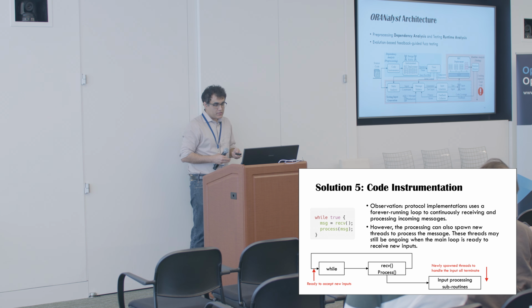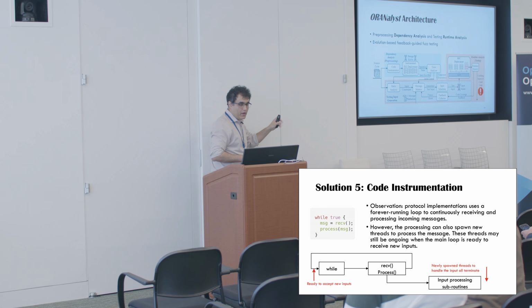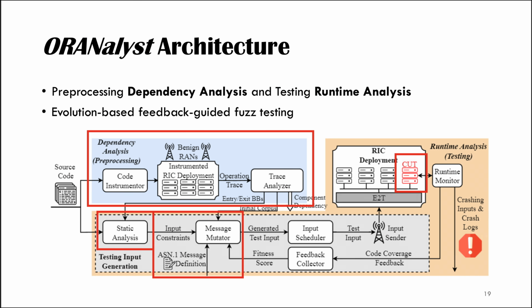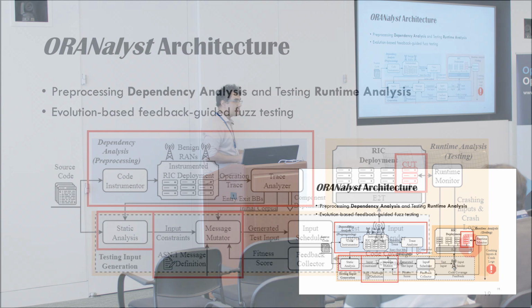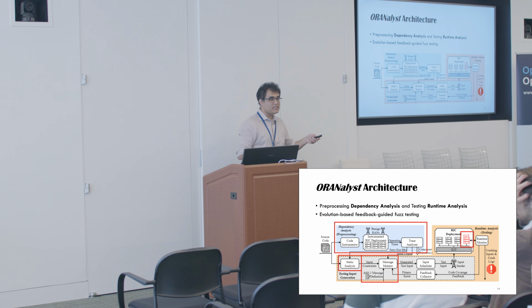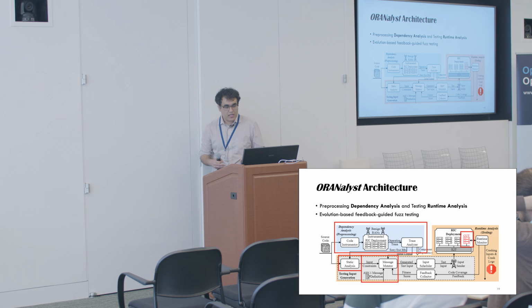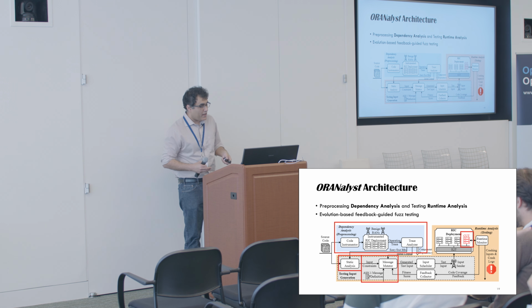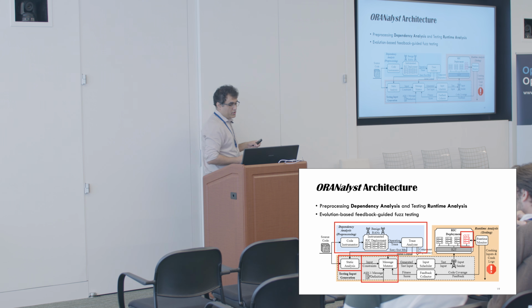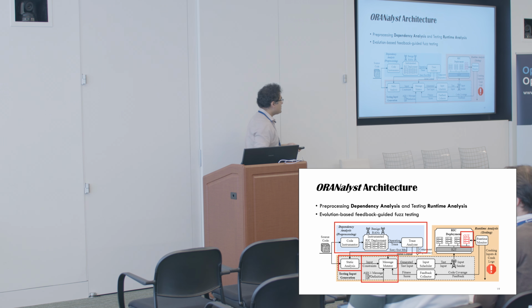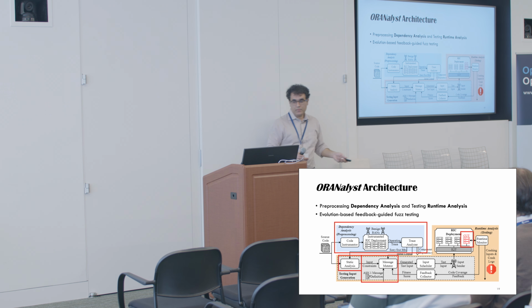Okay. So, this is the high level architecture of our framework called ORANalyst. The blue part is the first part where we run dynamic tracing, identify the dependencies among the different nodes in RIC and non real time RIC, and from there we identify the entry and exit for each component. And then we apply the static analysis at the bottom left.